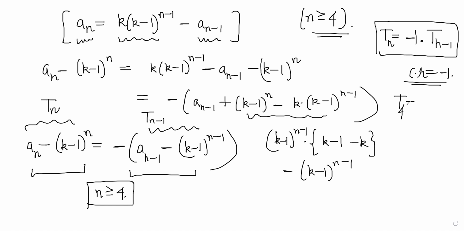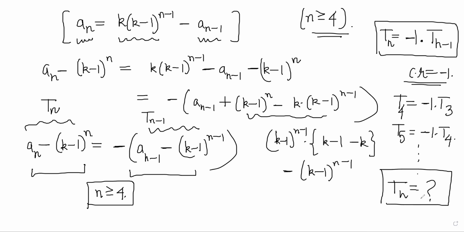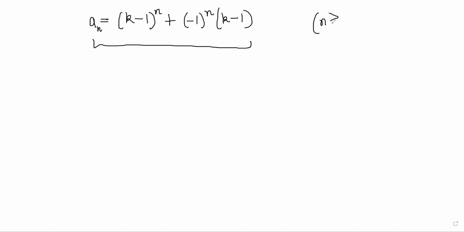So you have T_4 is equal to minus 1 times T_3, and then T_5 is equal to minus 1 times T_4. And you can easily find T_n from here. For n greater than or equal to 4, T_n can be solved very easily. It's a GP. You can do it. I will just tell you the answer here. The final answer comes out to be a_n is equal to (k-1)^n plus (-1)^n (k-1). This is true for n greater than or equal to 3, right?